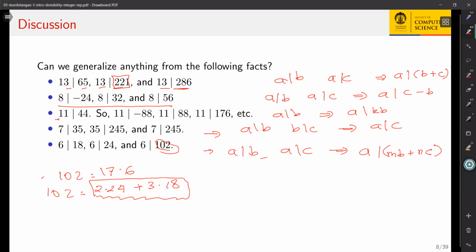Essentially here you could also write that 6 divides 3 times 18 plus 2 times 24. This is kind of obvious, because if 6 divides 18, then 6 divides 3 times 18. And 6 divides 24, and therefore 6 divides 2 times 24. Because 6 divides 3 times 18, and 6 also divides 2 times 24, we get that 6 divides the summation of those two.